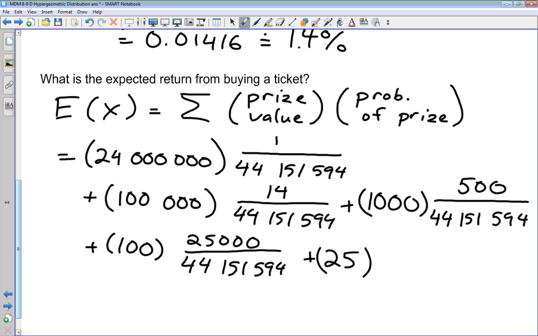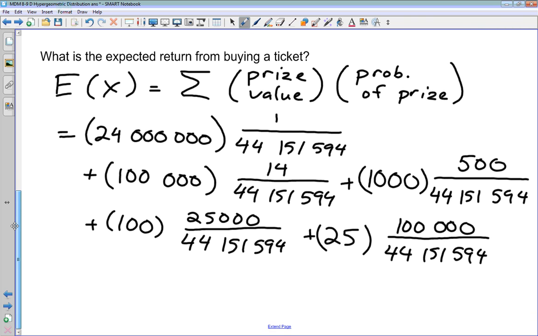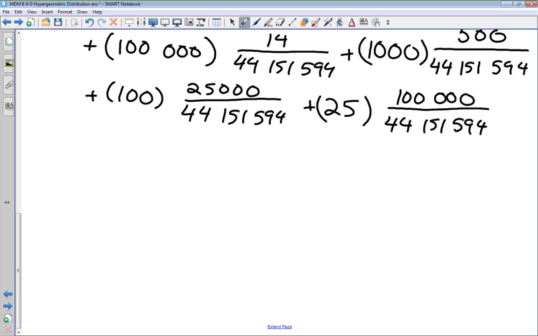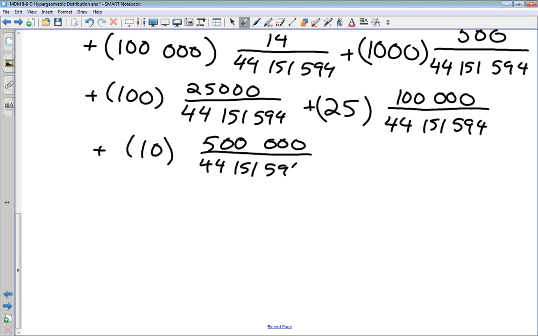And so on. We've got a $25 prize. How many of them were there? There were 100,000, over 44,151,594. And finally, our smallest prize was $10. There were 500,000 of them over 44,151,594.